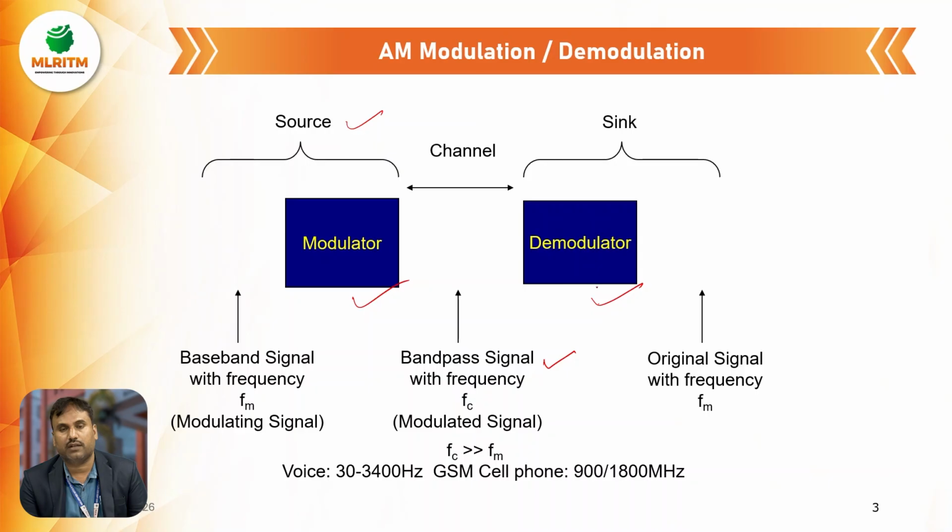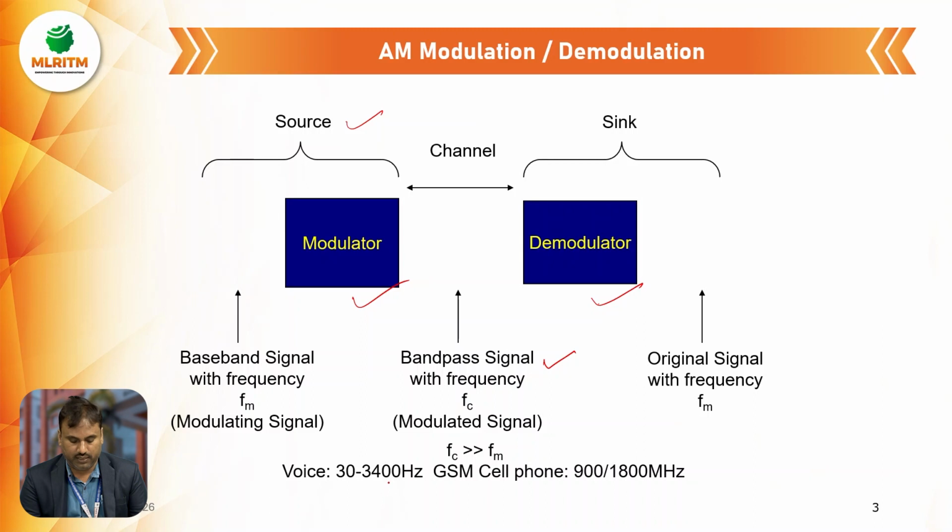Then what is the function of a demodulator? The demodulator input is a modulated signal and the demodulator output is the demodulated signal, that is, the message signal, original signal or modulating signal. The process of converting modulating to modulated signal is the modulator's role, and the process of converting modulated signal back to modulating signal is demodulation.